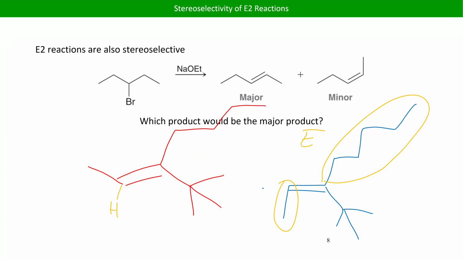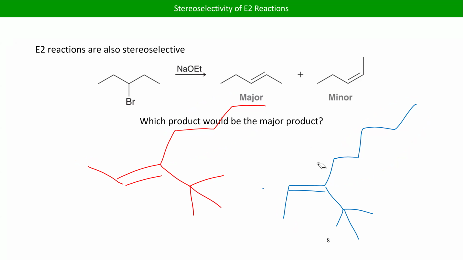But really, we want to look at sterics. This is a case where E versus Z is not as important as what's bigger, so we can't just say it always forms as E. Because this is a case where the main carbon chain is not the biggest thing.